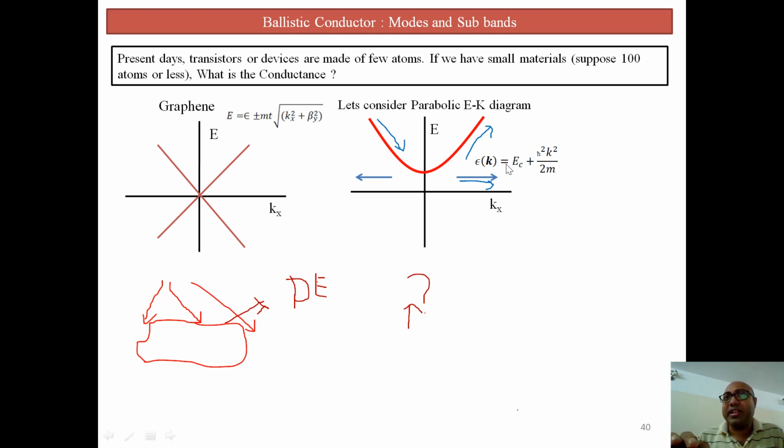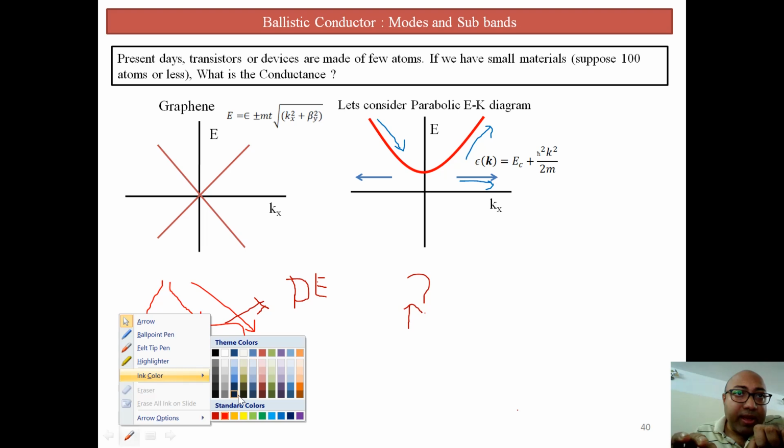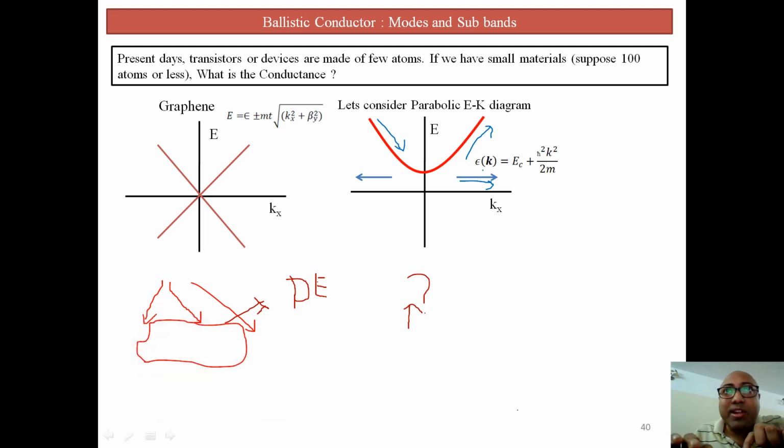We are considering this Ec. This is my Ec, and over that Ec the parabola starts. Please remember this point: this point is Ec, and over it is the parabolic expression.